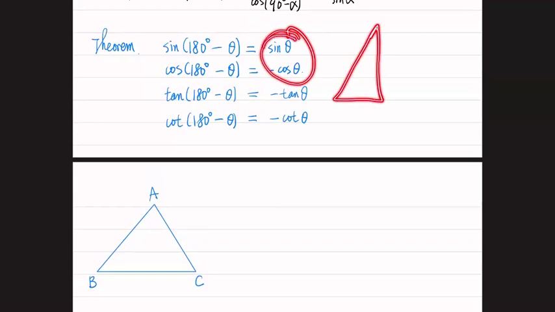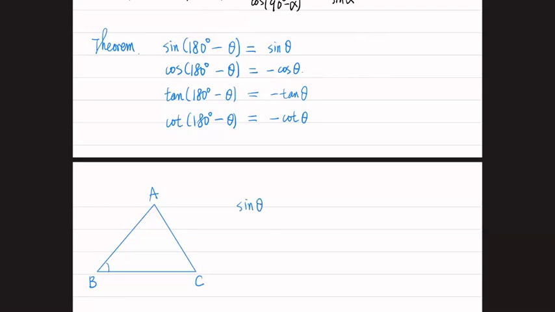But after that, the applications go beyond this. We can apply it to any triangle. So if we want sine beta, we cannot apply the formula mechanically. We cannot say it's the quotient of the two. That doesn't work. That formula only applies if we have a right triangle.